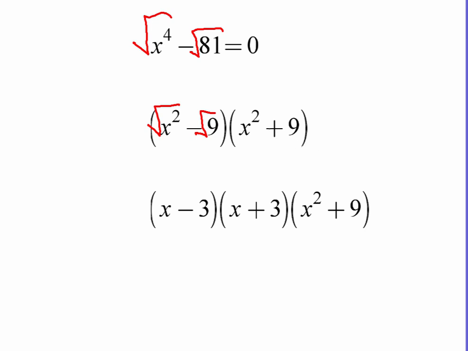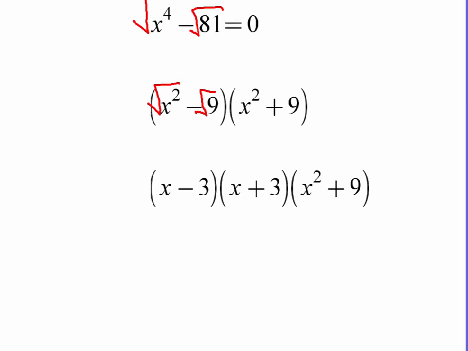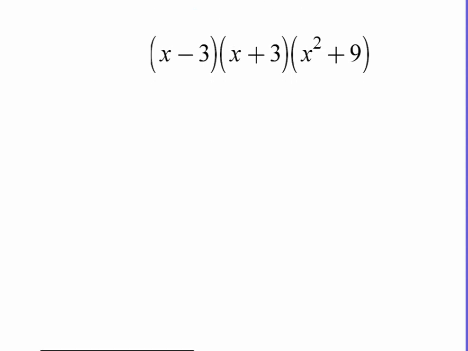For x squared plus 9, even though these are both perfect squares, because of this plus sign, there's no such thing as a sum of squares, so I can't factor that. I just leave it alone. So x minus 3 can't be factored, x plus 3 can't be factored, and x squared plus 9 can't be factored. I've factored this all the way.